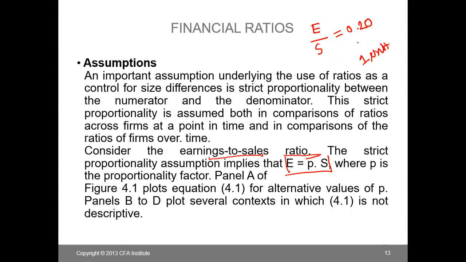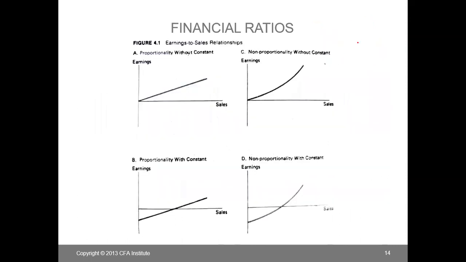Now let's think of what happens if proportionality is not maintained. If sales goes up and earnings also goes up, and there is no other influence on earnings, they are directly proportional and there is no constant. When we wrote the risk premium equal to beta times the market risk premium, we wrote no constant.